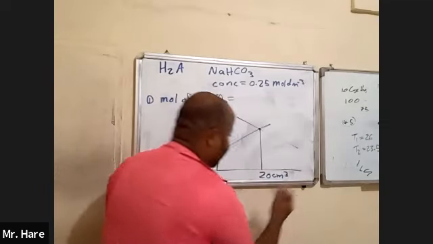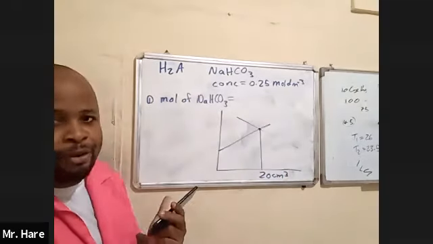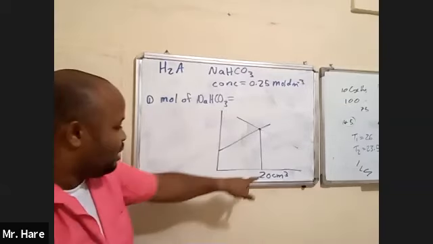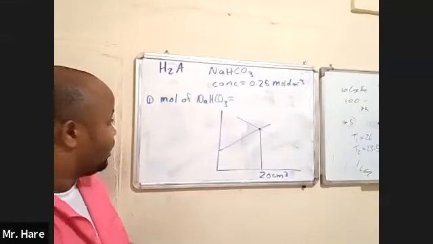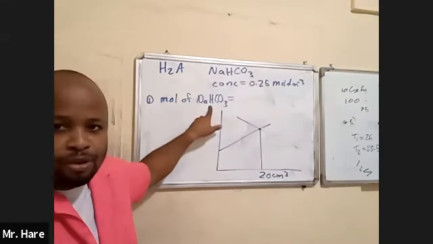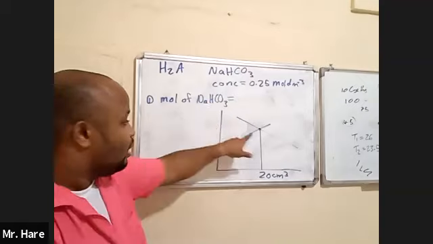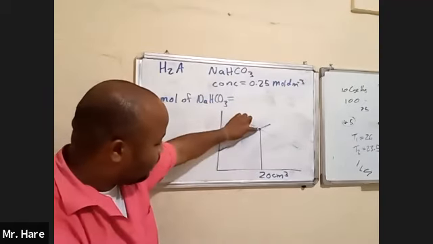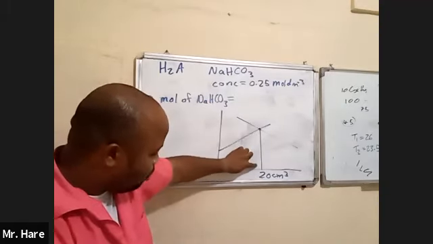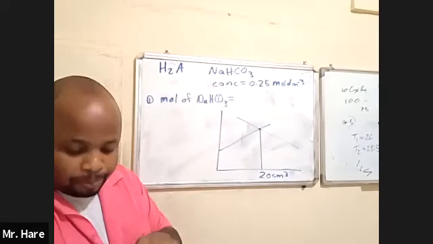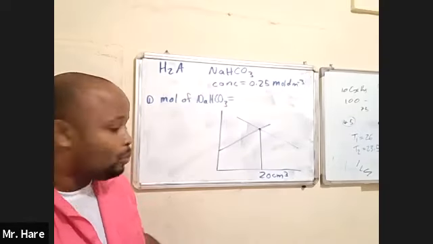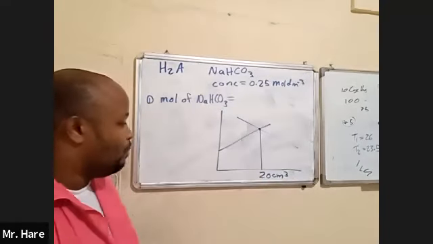Remember, the only thing we need the graph for is to get the volume of acid or base used. In this case, it's the volume of sodium hydrogen carbonate. Where the line intersects, you just draw a line down to the x-axis. On the graph for 2017, it will match up with 20 cm³.